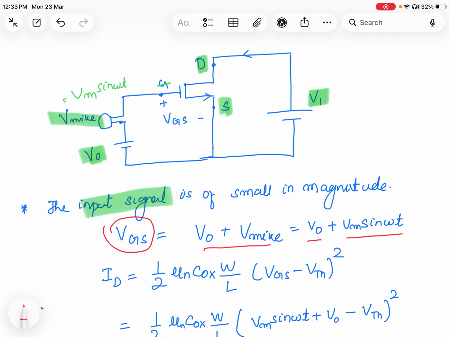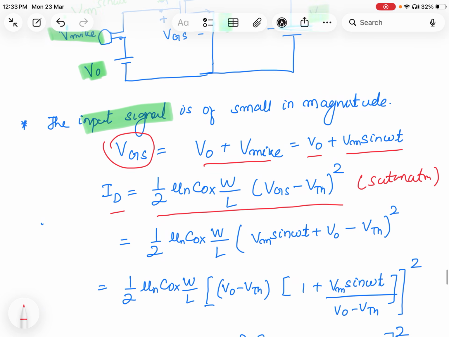If we want to find the drain current, we know that for any amplification the MOSFET should operate in the saturation region. The equation for the saturation region is ID equal to 1 by 2 mu n COX W by L times (VGS minus VTH) square.